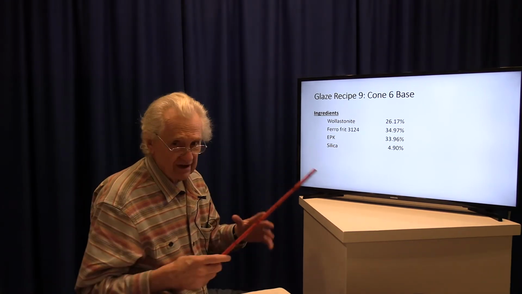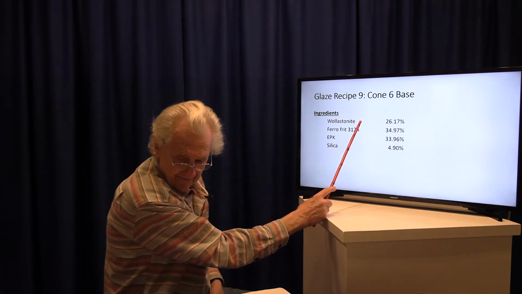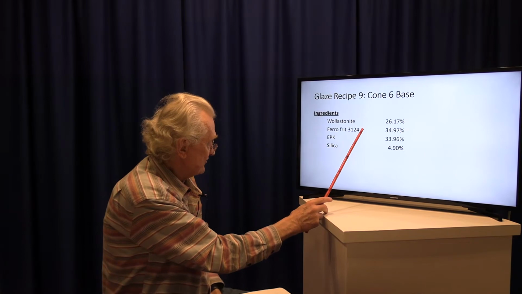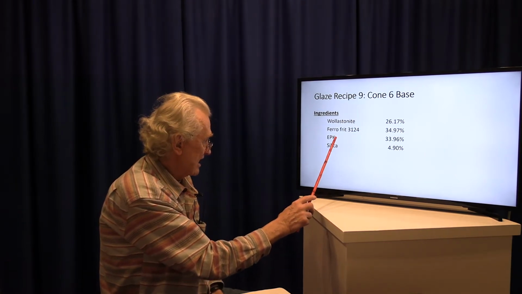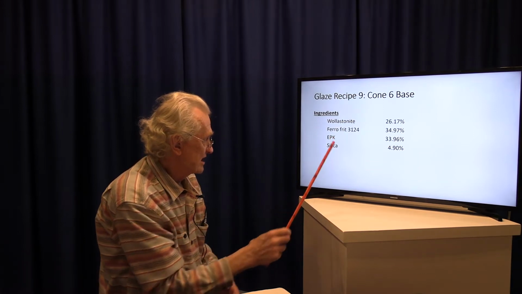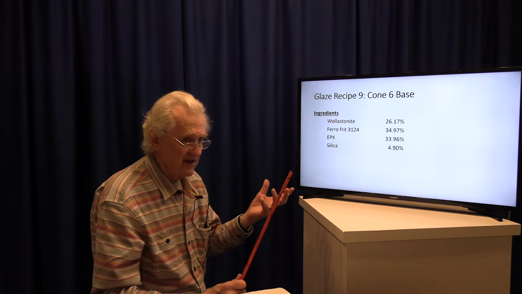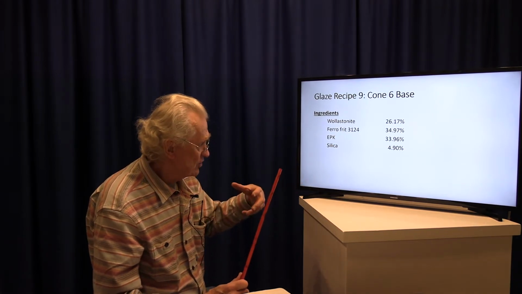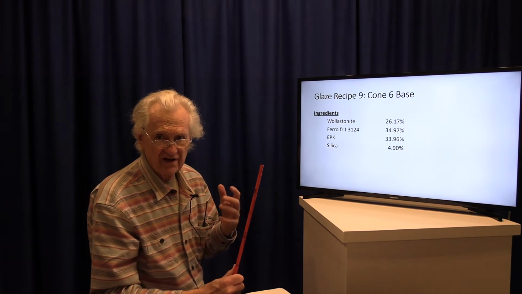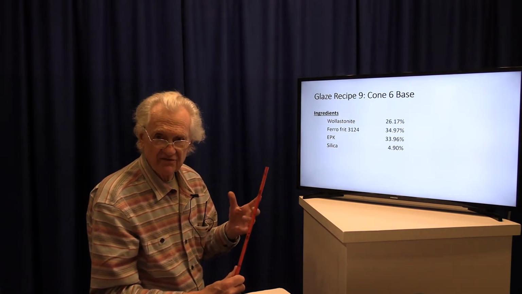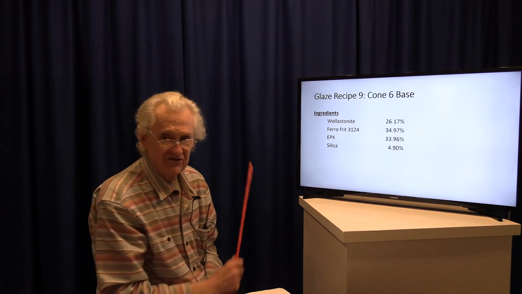But this is where a little chemistry comes in, because I've got calcium silicate in the wollastonite, calcium in the frit, and a lot of aluminum oxide coming from the clay. When this material melts, combines and cools, I can form calcium aluminate, which is a kind of feldspar, and it's very likely to form crystals. So this glaze is probably going to be a satin glaze.